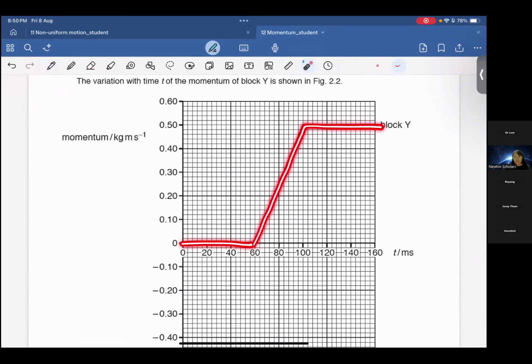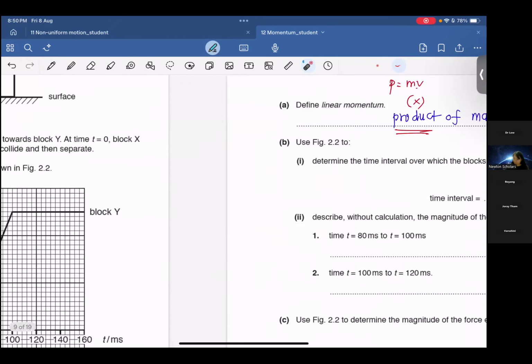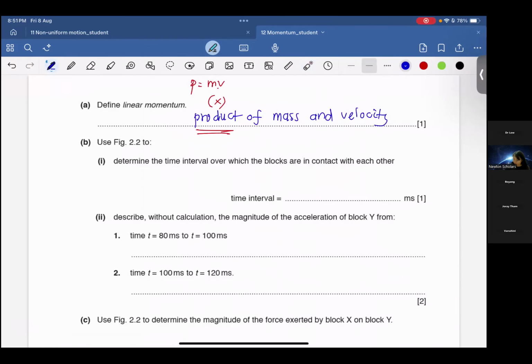After that, they separate, and each has its own constant velocity. So this part to here is the time they contact. So boys and girls, this is millisecond. So your answer should be 40 millisecond: 100 millisecond minus 60 millisecond. That is the time for the blocks in contact. Okay? So it will start to accelerate.